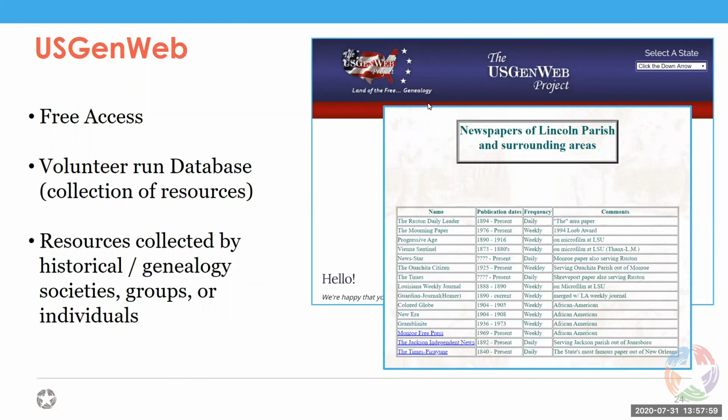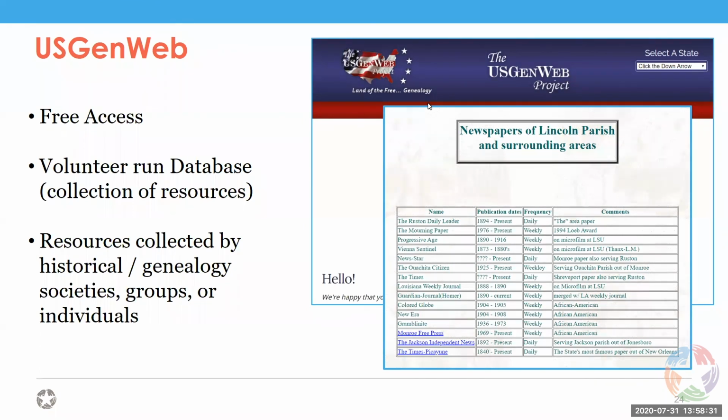And this speaks to that question of how do you discover or find African-American research. I didn't know some of these ethnic community newspapers, the African-American newspapers. There was the Colored Globe that published weekly from 1904 to 1905, if y'all can see further down the list on this example. The New Era published from 1904 to 1908.